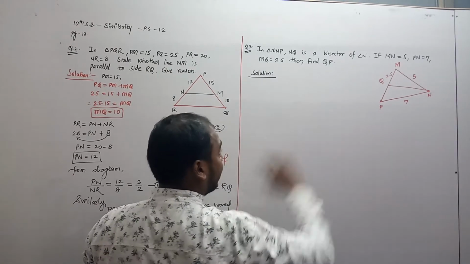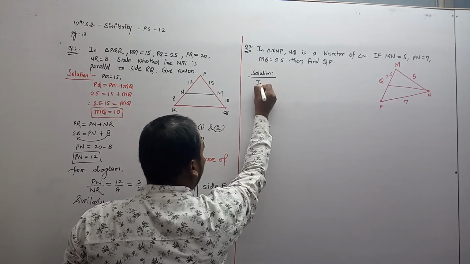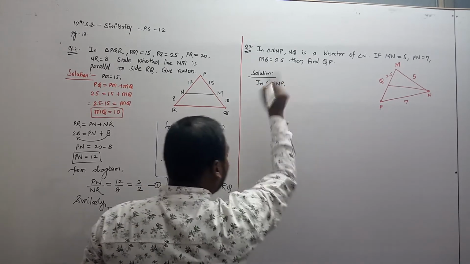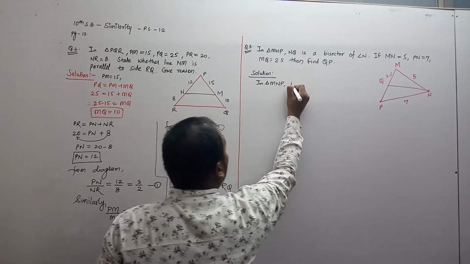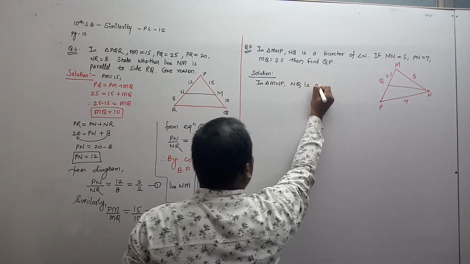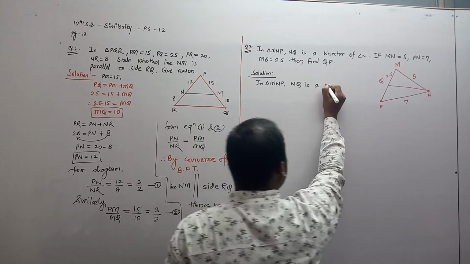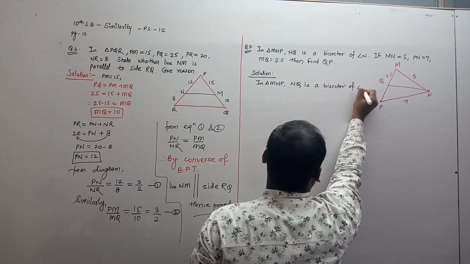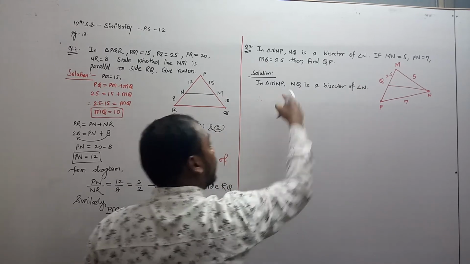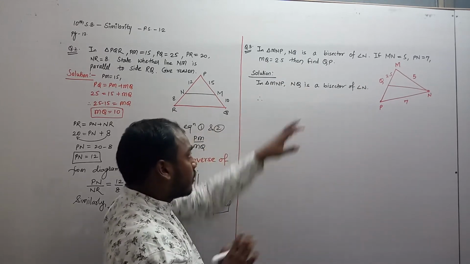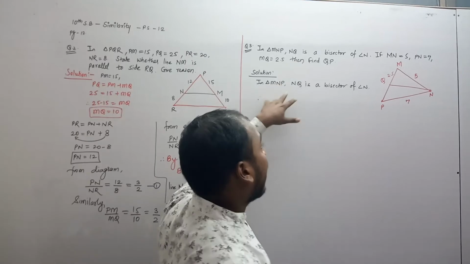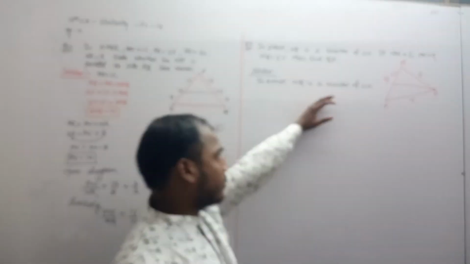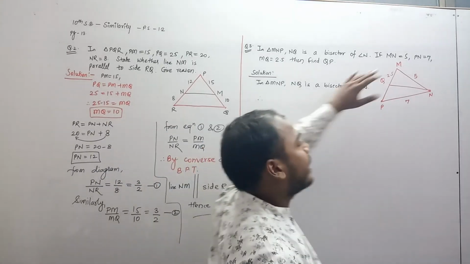In triangle MNP, NQ is a bisector of angle M. Listen: if we have this condition, we can say by the angle bisector property.